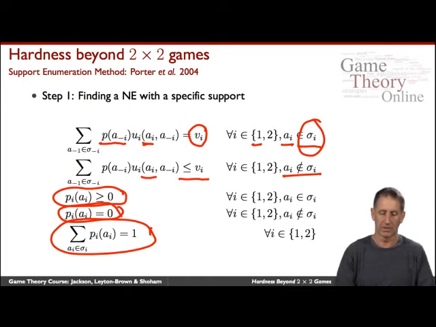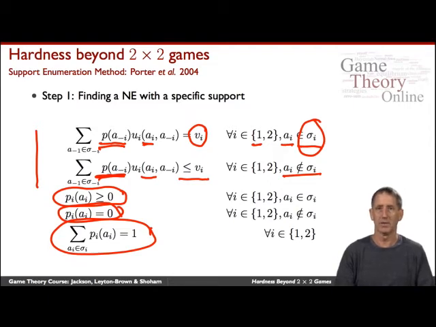Well, we're using it in the assumption that when we're best responding inside and don't have a profitable deviation, we're actually playing these p_i with positive probability. Because if we're playing the remaining strategies with 0 probability, in fact, it doesn't matter if we're best responding to them or not. And so this is where this assumption is hidden. So now we know that when we fix the support, we can solve the question efficiently.